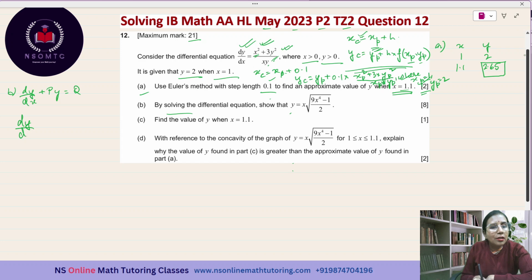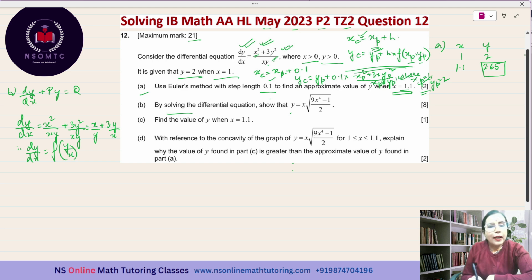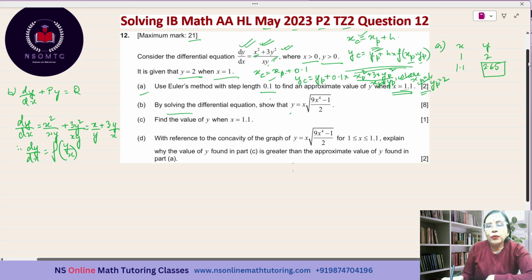It is x squared over xy plus 3y square over xy, which is equal to x over y plus 3y over x. Therefore, I can say that dy by dx is a function of y over x, because x over y can be written as 1 over y over x. So it is a function of y over x.